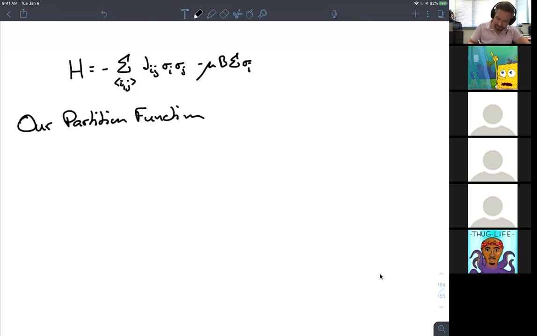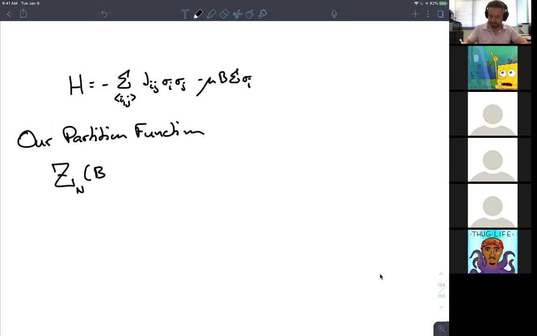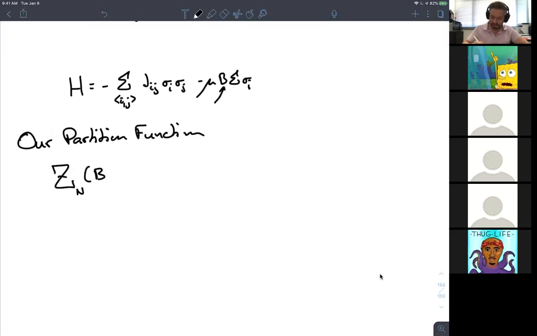So our partition function, which corresponds to having n spins, as you will see, is a function of the applied external magnetic field, that's coming from right here, and it's also a function of the applied temperature. That's coming from the beta in the exponential, right?